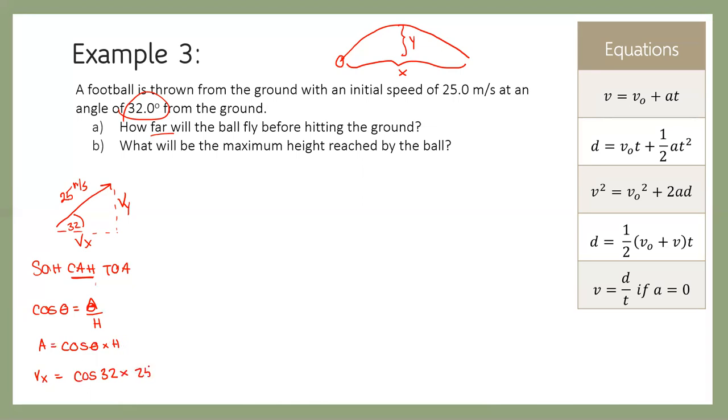Putting that into your calculator, you should get an x velocity equal to 21.2 meters per second.